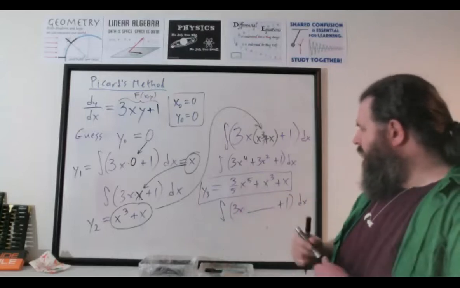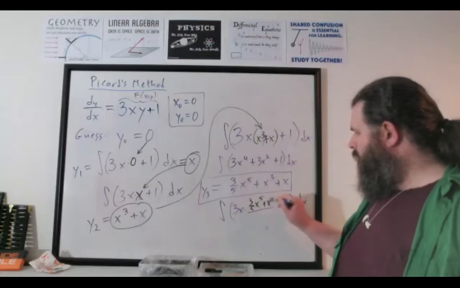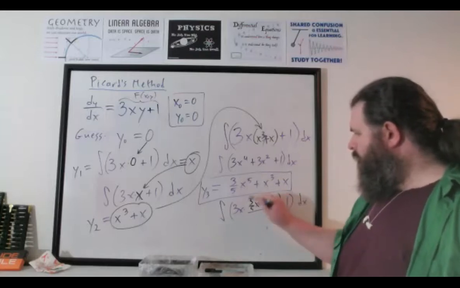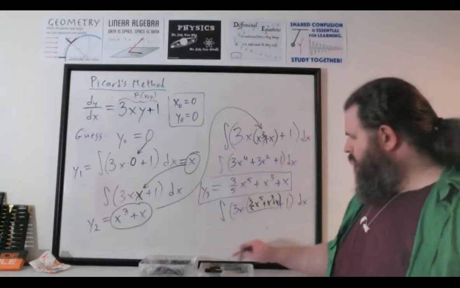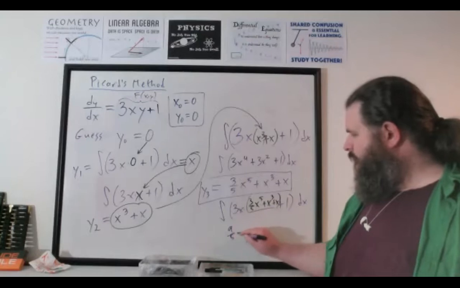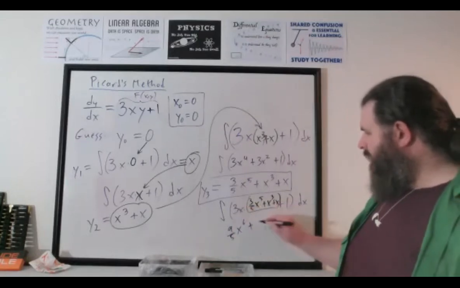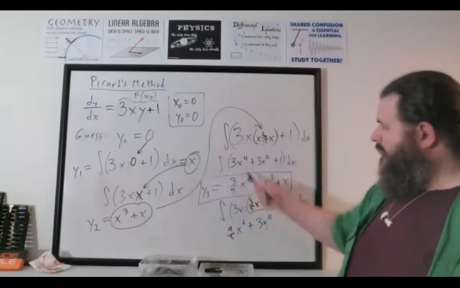If we actually fill that in, we'll get 9/5 times x to the 6th, 3x to the 4th, and that's already what we had.